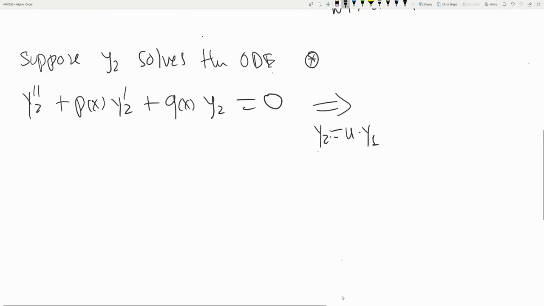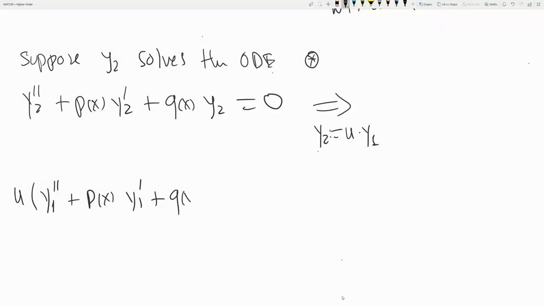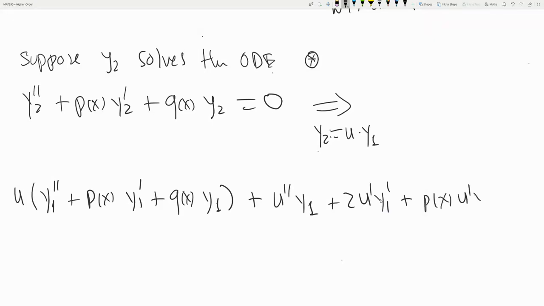And I leave it for you to show that indeed you get u times (y1 double prime plus p(x) y1 prime plus q(x) y1) plus u double prime y1 plus 2 u prime y1 prime plus p(x) u prime y1 equal to 0.